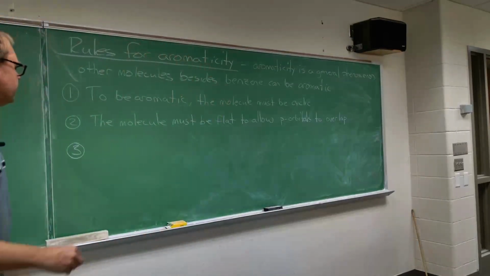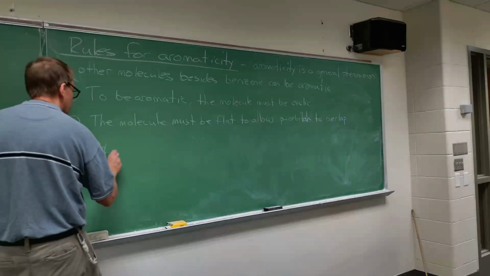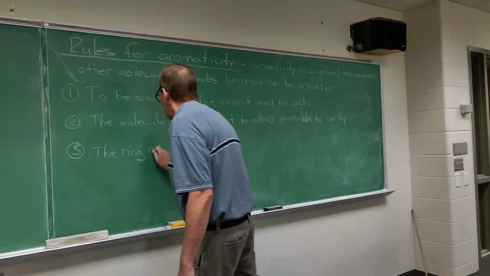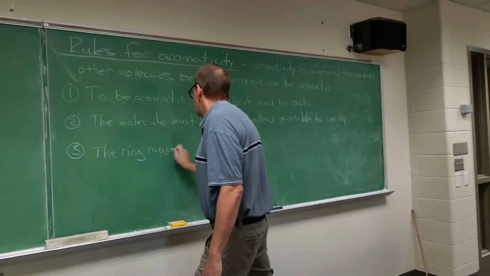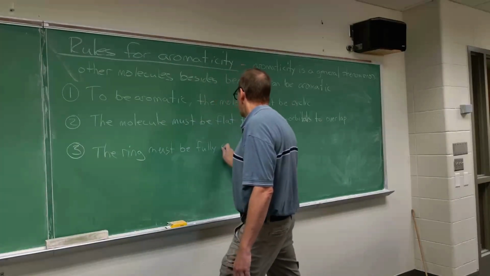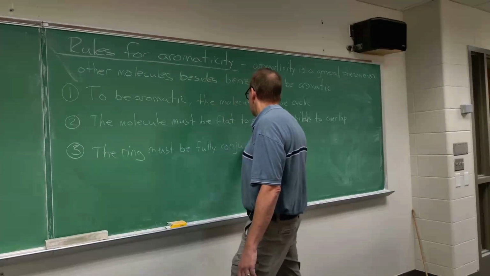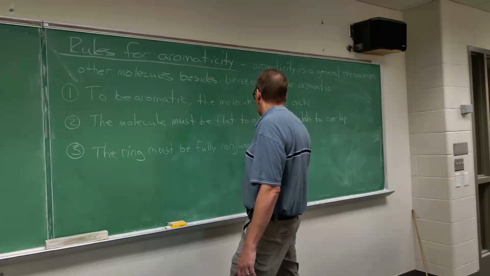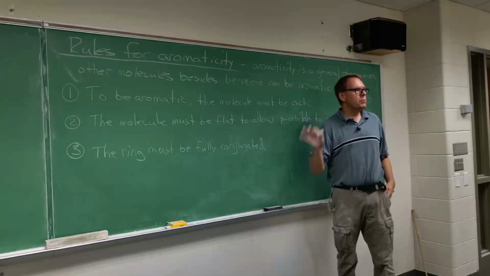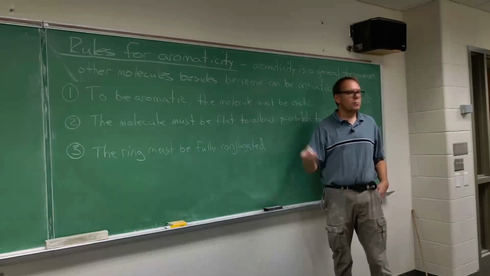All right, the ring must be fully conjugated. In other words, every atom on the ring has to have a p orbital that's overlapping with a neighbor p orbital.